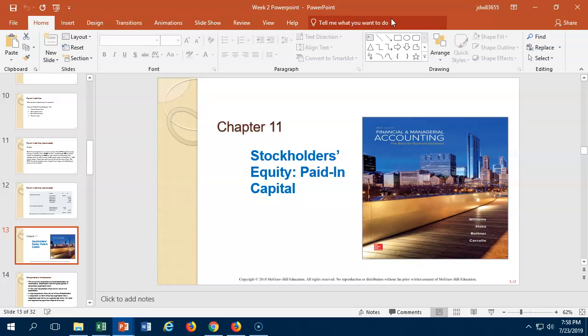Additional paid in capital, what financial statement? Yep. And what section? Equity, yep. Income tax payable, balance sheet or income statement?